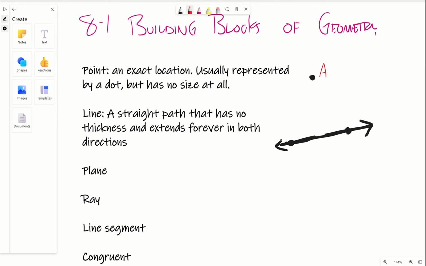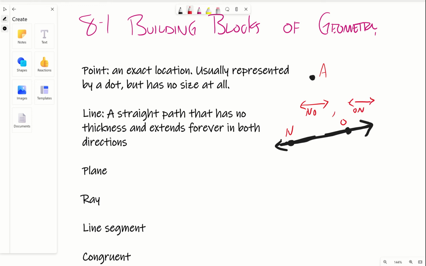If these points happen to be called N and O, we would name this line, line NO or line ON.